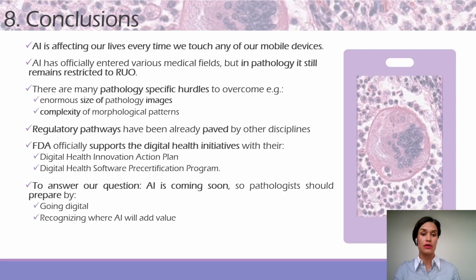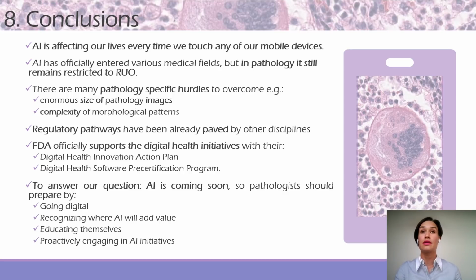It's crucial to recognize where it would and apply it there. They can prepare by educating themselves. There are courses available. One course, for example, from Digital Pathology Association, an online course that pathologists can take. And they should proactively engage with AI initiatives, be it the challenges like the Camelyon challenge, or cooperations with academic partners, with industry, with different companies.